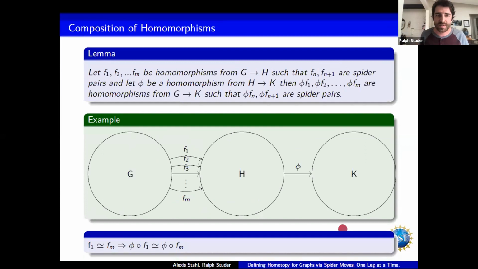One of our first lemmas was that when we compose a homomorphism with a series of spider moves, the spider moves are preserved when they are composed together. So F1 homotopic to FM implies that F1 composed with phi is homotopic to FM composed with phi.